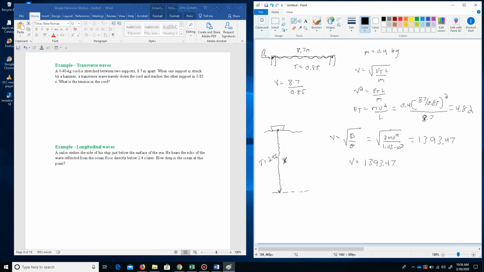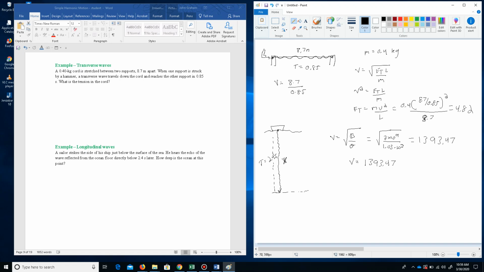Now what we need to do is figure out, well, what's the distance? One thing I should have mentioned: he's hearing this 2.4 seconds later. That's the time it takes to go down and back up.